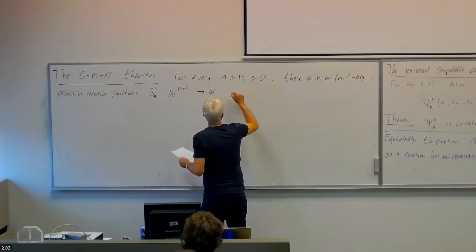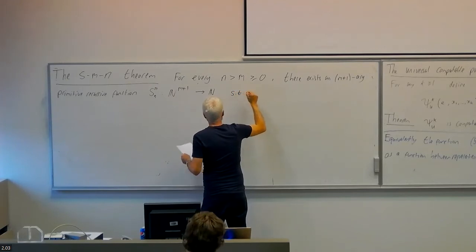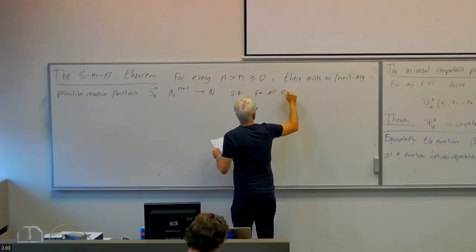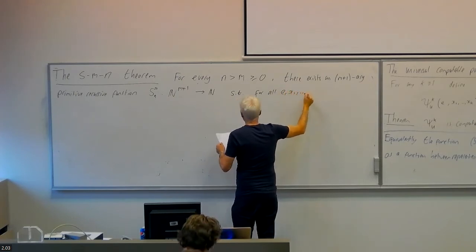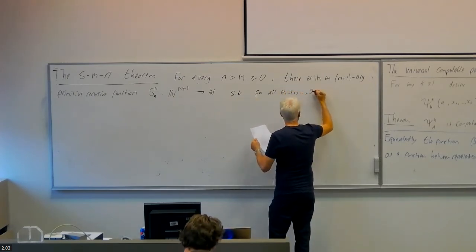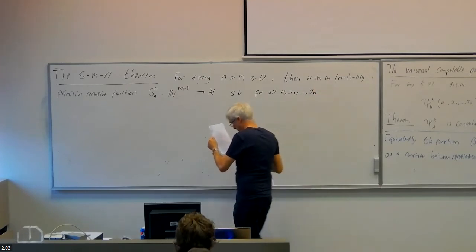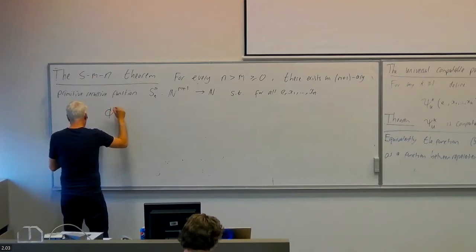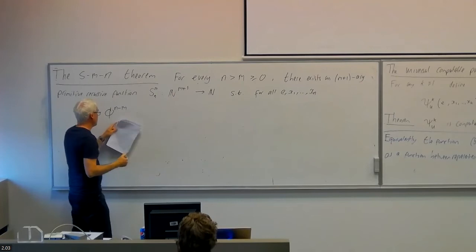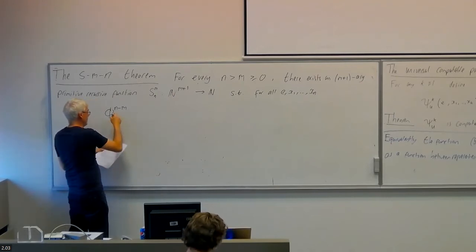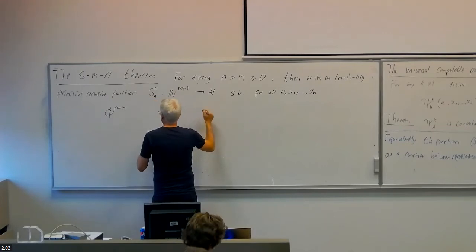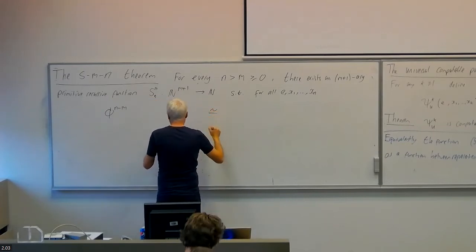And its property is such that for all e, x1 through to xn, if we consider the, well, let's start with the right-hand side, but I need to leave enough space.